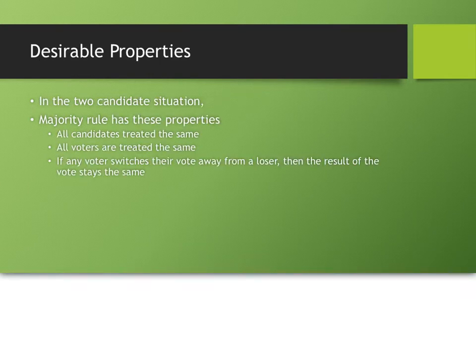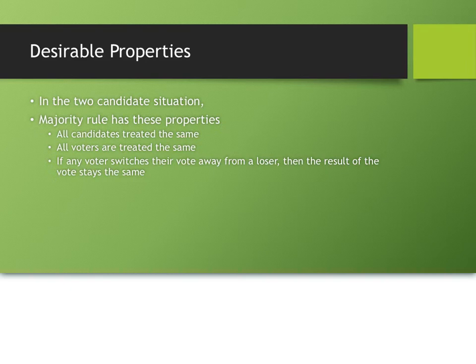Now, in the two-candidate situation with majority rule, we have some really nice desirable properties. First, all candidates are treated the same, meaning one doesn't get an advantage, one doesn't get a disadvantage. All voters are treated the same. Everybody gets one vote, or at least the same number of votes.